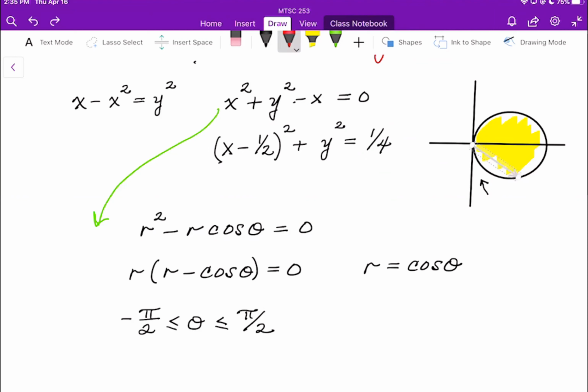I don't know why it won't do this. Whatever. Y'all understand what I'm trying to do. Okay. And this goes all the way around.